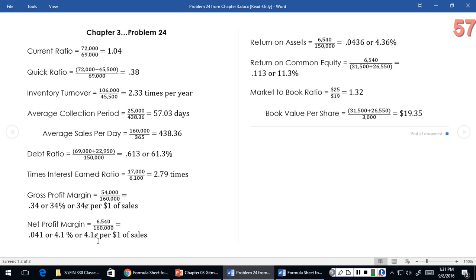But the ones that you do sell, you make a huge profit margin. So that's the difference. Boeing would have a much higher net profit margin than, say, Walmart, but Walmart makes its money on volume, not on profit margin. So just different types of industries.